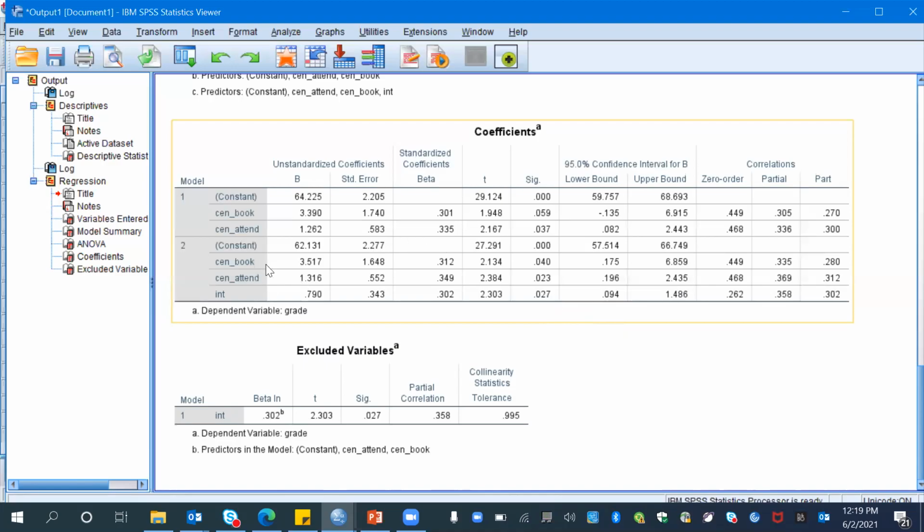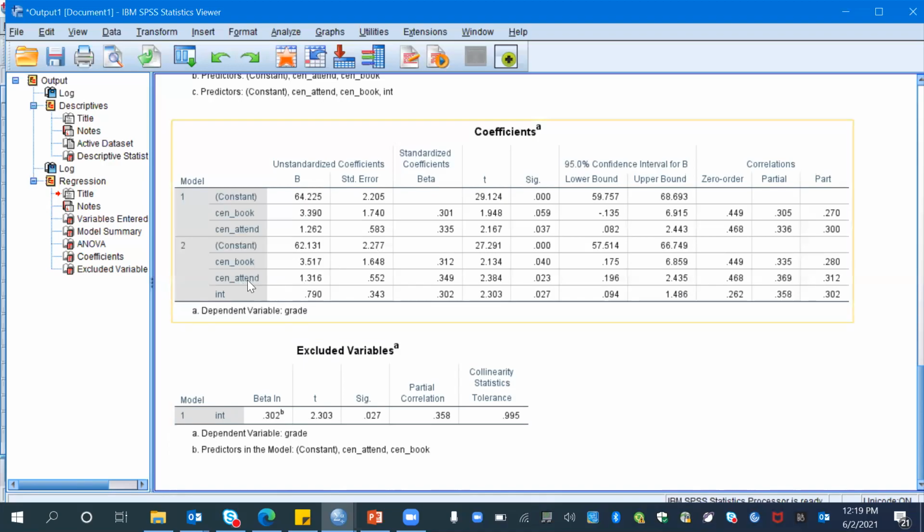If you recall, last time we interpreted some of these values with the interaction. You can do that here, absolutely. Basically what this means is these values are the regression value, or the slope, of the relationship between books and grades, or attendance and grades, at mean values of the other.